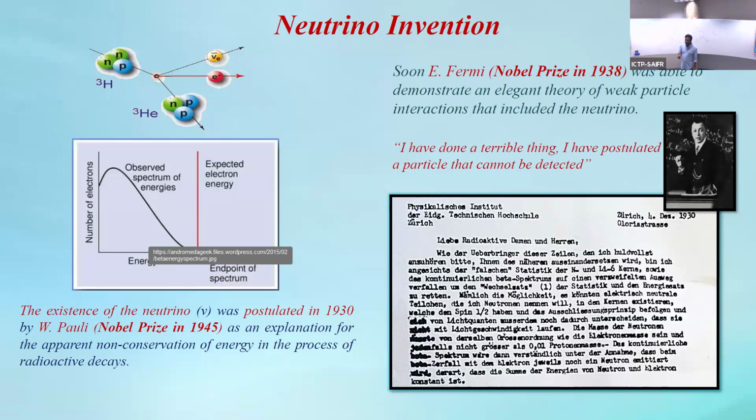So that's the first time the neutrino was postulated to explain the beta ray spectrum: if neutrinos also carry some energy, then you can explain this continuous distribution of the energy spectrum. Later Enrico Fermi demonstrated an elegant theory of weak particle interaction that included the neutrino.